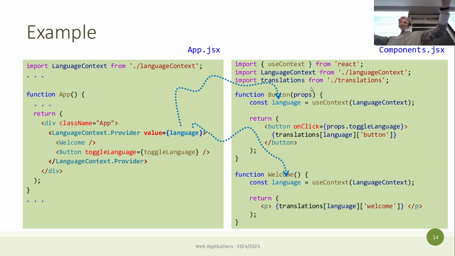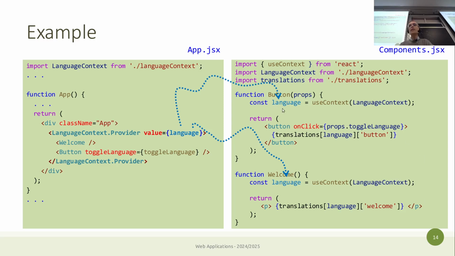It's something that is done automatically by React. However, the provider must be declared over the components that are using the value. So the components need to be nested inside the provider, of course. The provider provides values only to the children components.